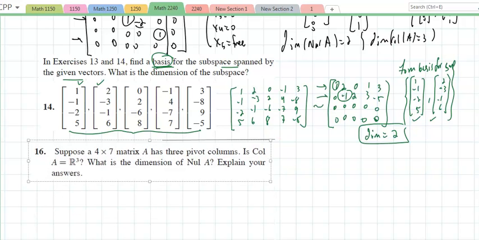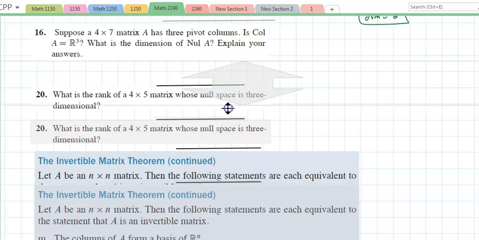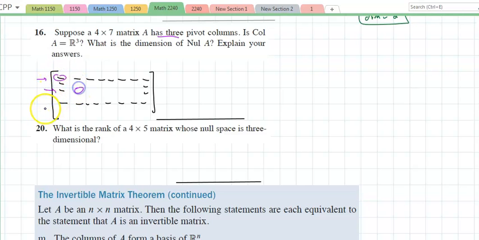Let me get them up, and here are a couple of questions. It says, suppose you have a 4 by 7 matrix with three pivots, some pivots somewhere.